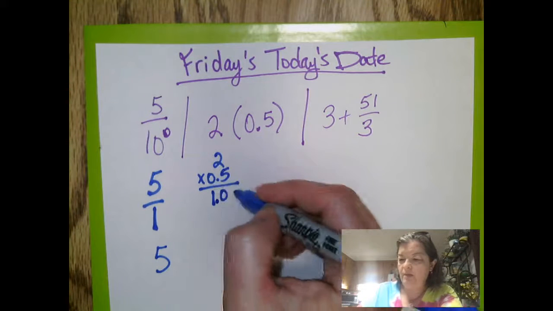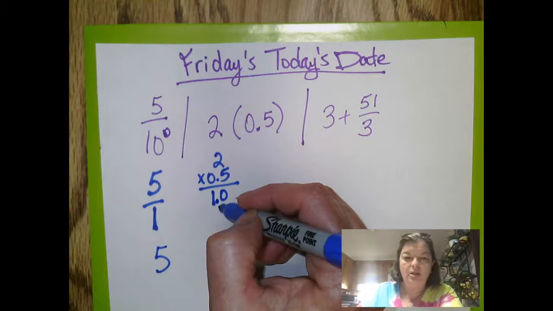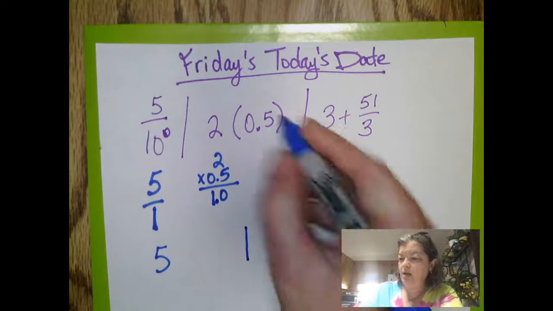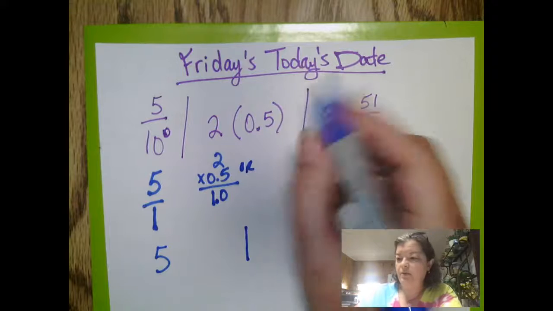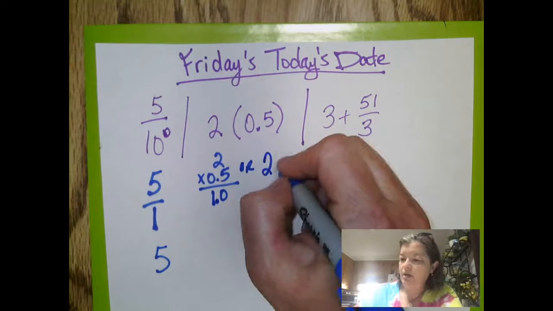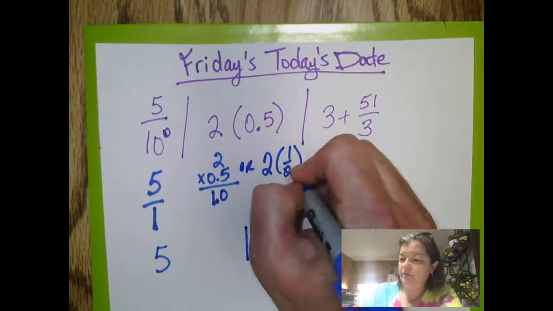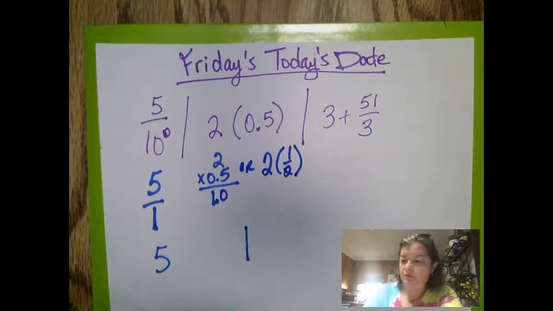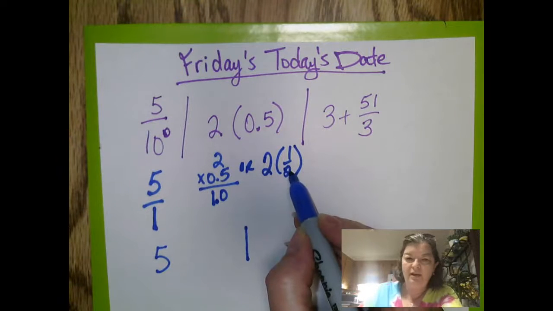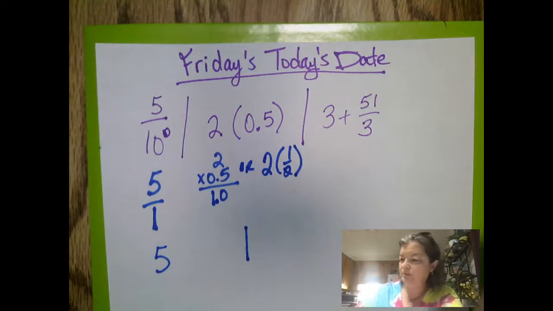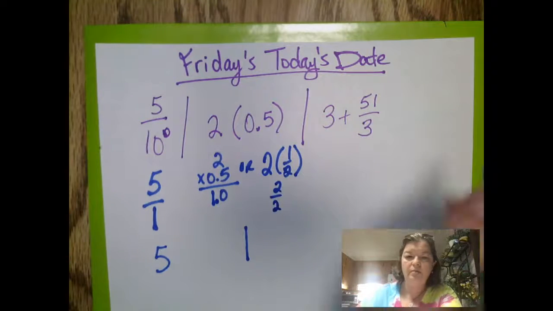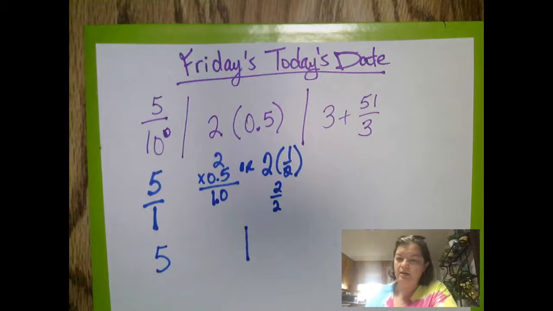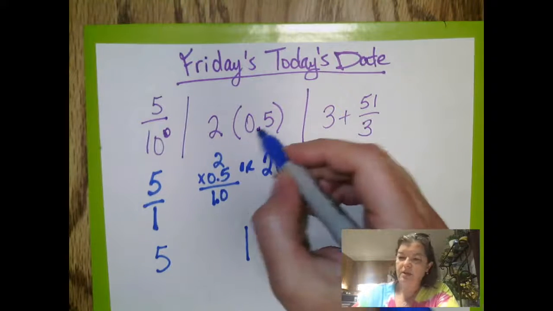So 2 times 0.5 is actually 1. The other way to think about this is 0.5 is actually an easy fraction. So that's 2 times 1/2. And if you've got 2 groups of 1/2, you've got a whole. You can also multiply this out, 2 over 2, which is 1. These are multiple ways to look at one thing you're trying to do.